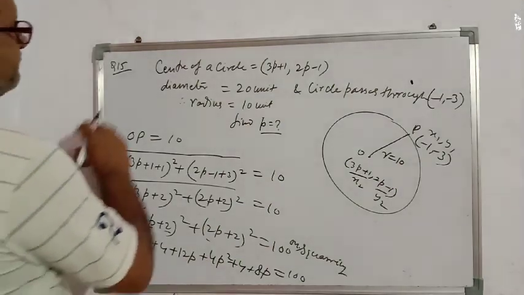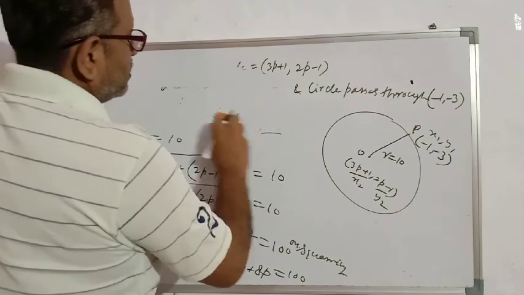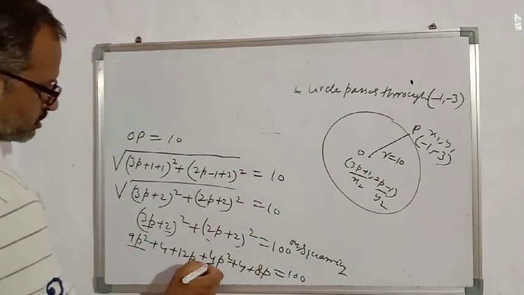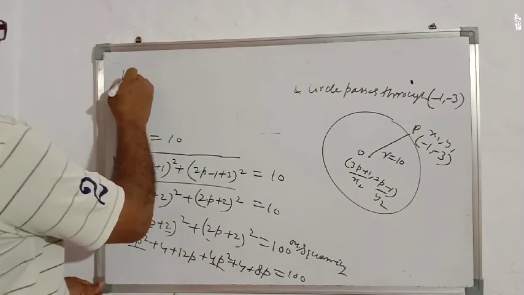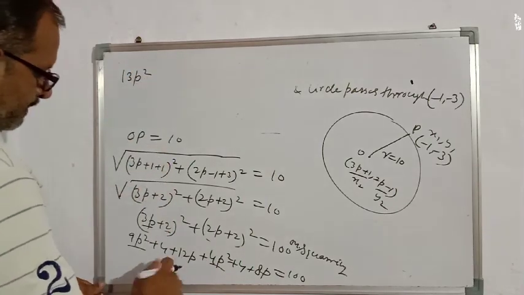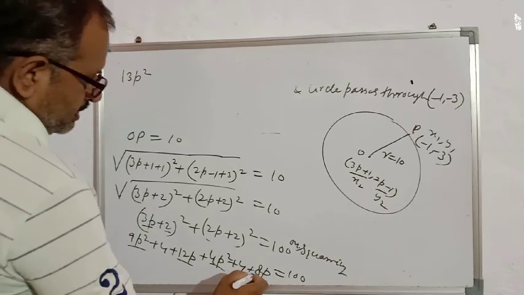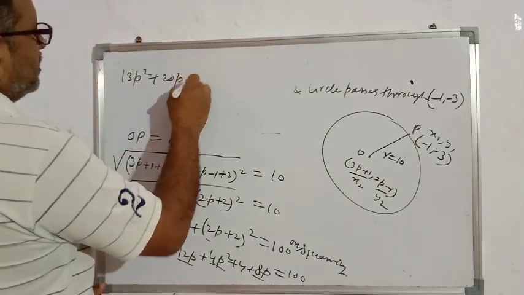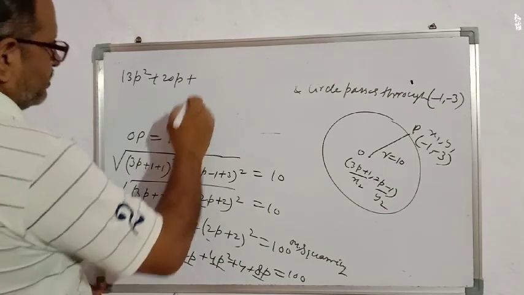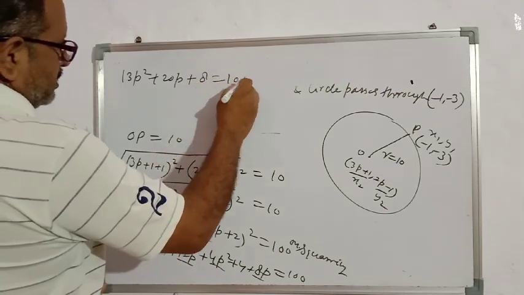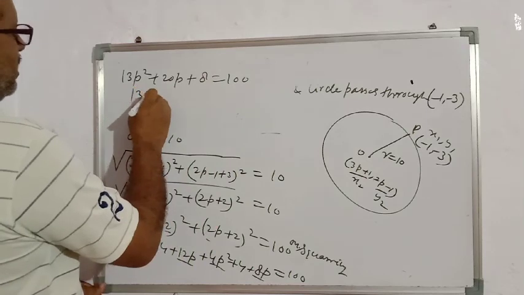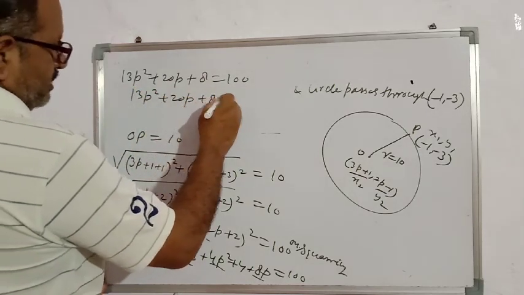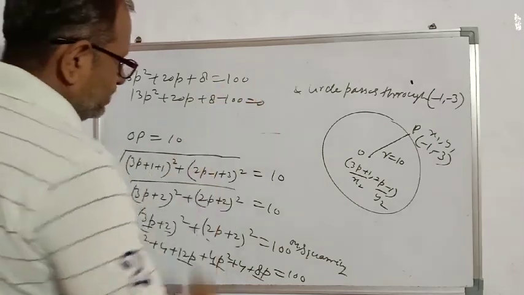Simplify it. So 9p square plus 4p square is 13p square, 12p plus 8p is 20p, 4 plus 4 is 8, equal to 100. 13p square plus 20p plus 8, transposing 100, minus 100 is equal to 0.